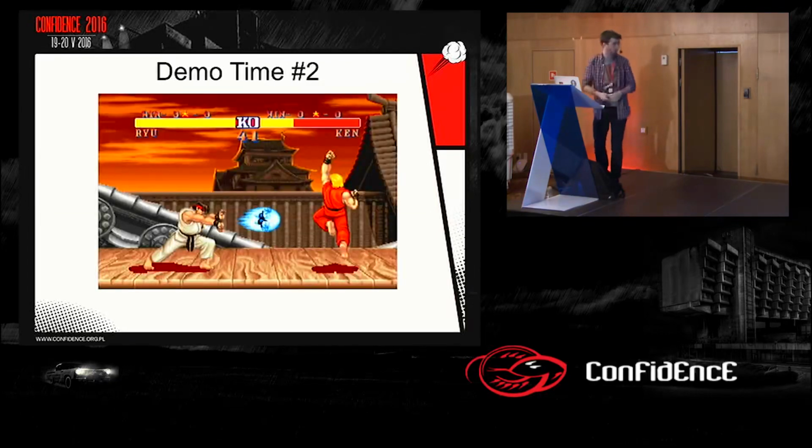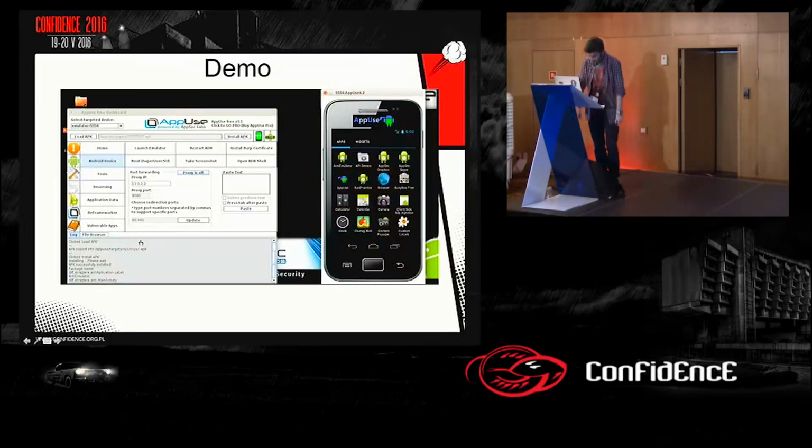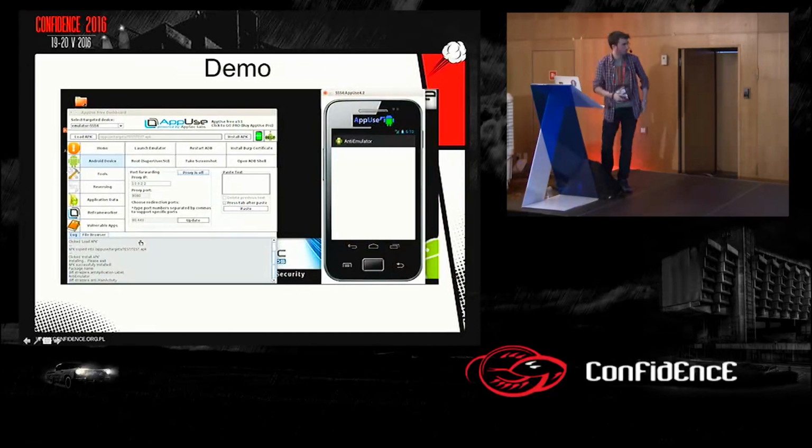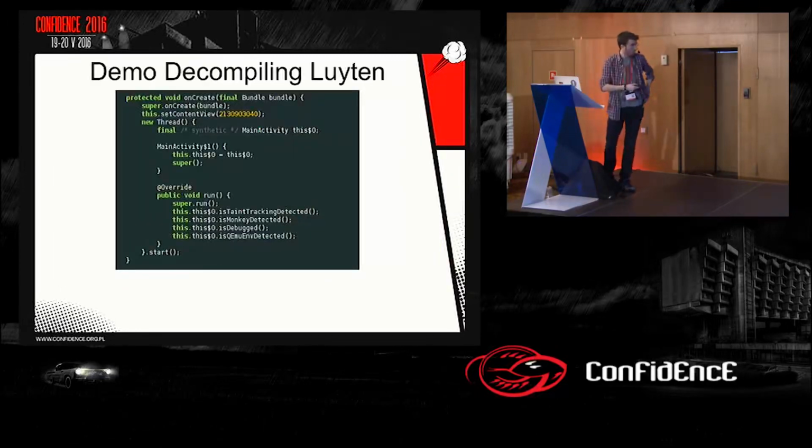Then for this demo, let's see how we can bypass the anti-emulator detection in Android. Here we have in our device one application that we try to open, but we cannot because it's running on an emulator device. To bypass this, we decompile the application with apktool, and we see in this part of the source code that in onCreate, we have a method that checks if the application is running on an emulator device or not.